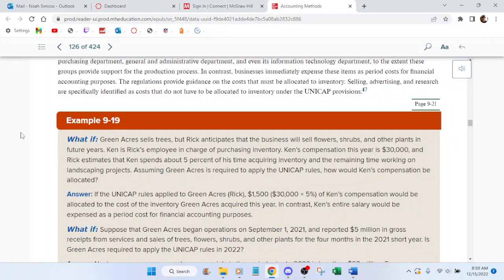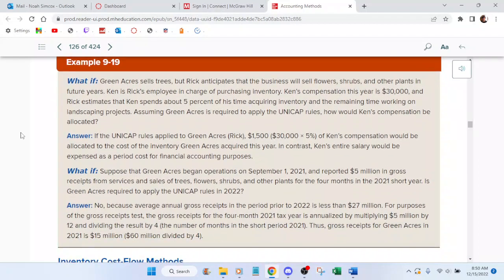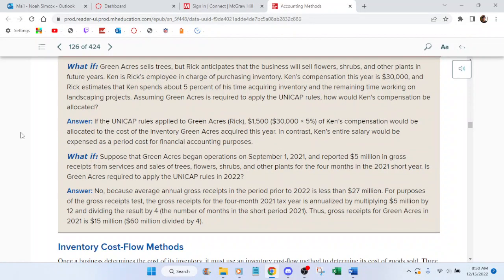No, you do not have to apply a unit count. 27 million is the cutoff for gross receipts for a 3-year average.